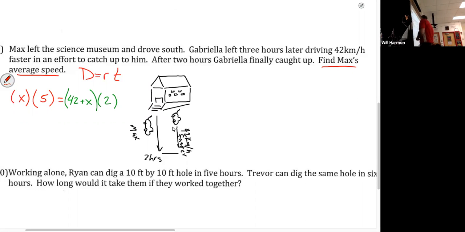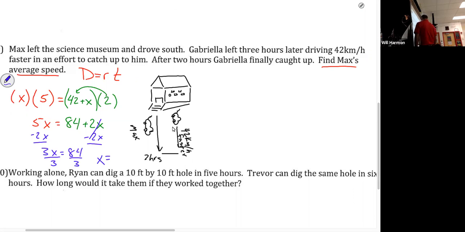So, look, I have 5x equals, distribute that in, 84 plus 2x, subtract 2x, I get 3x equals 84, divide by 3, and we got x equals what?